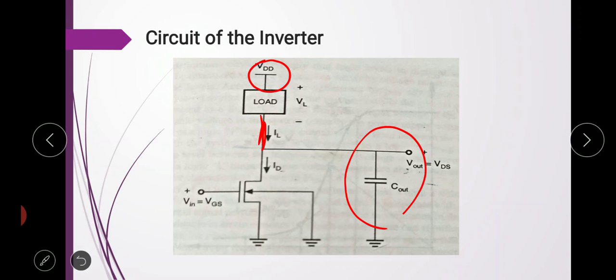This is a lumped capacitance Cout, which is used to represent the other MOS inverter connected to the output terminal.